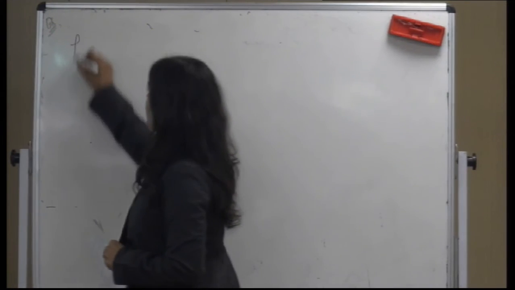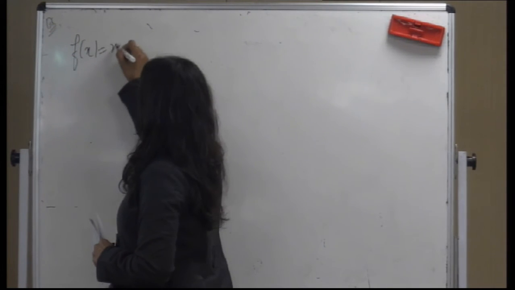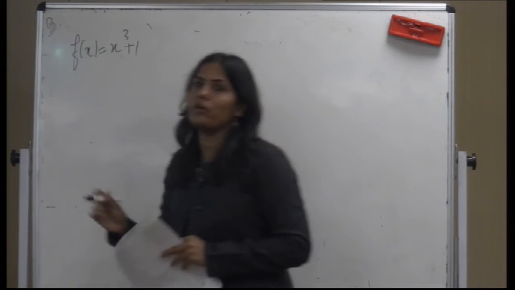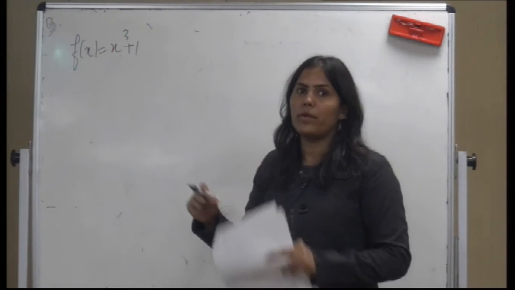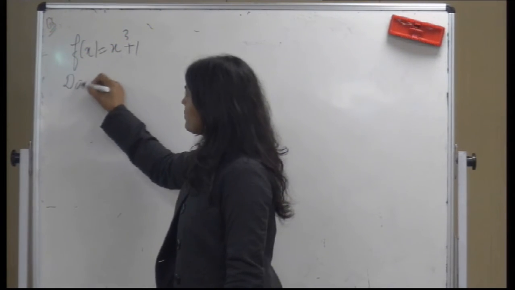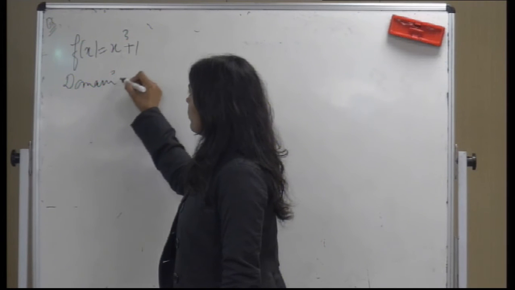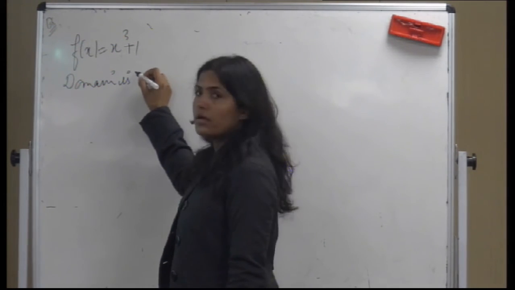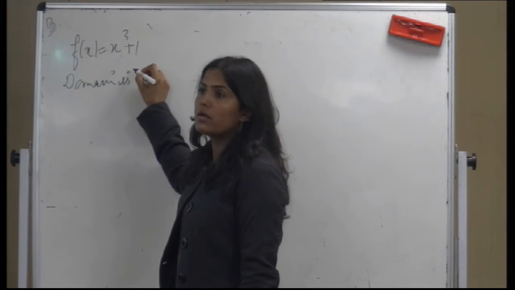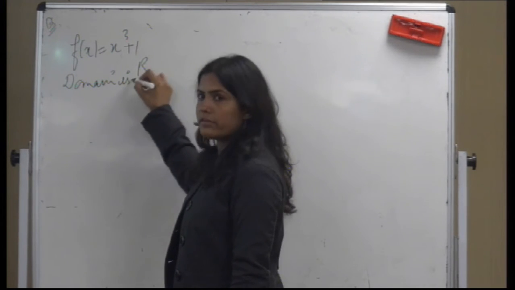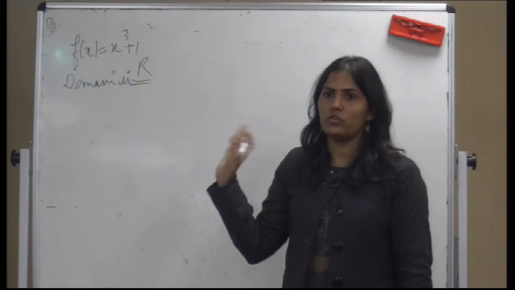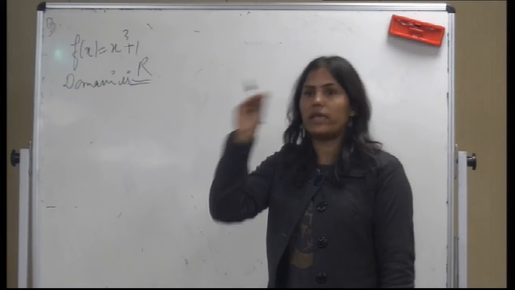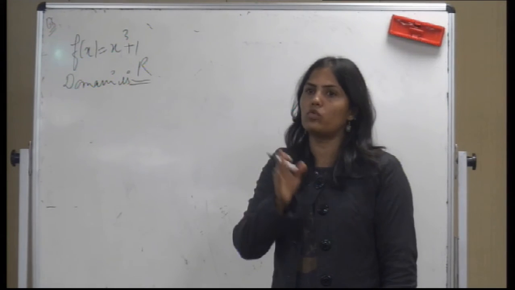Okay, a very simple example now I am taking. Suppose this is the function. The domain of this function is the real line. Don't think that I am always teaching you two methods, so don't fix in your mind that every time I will use those methods only.